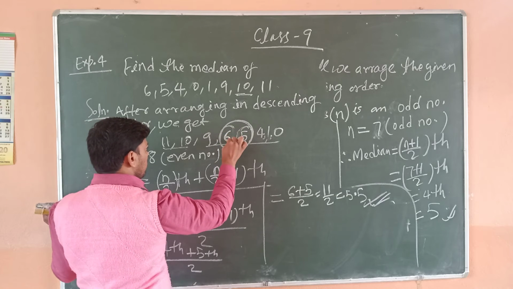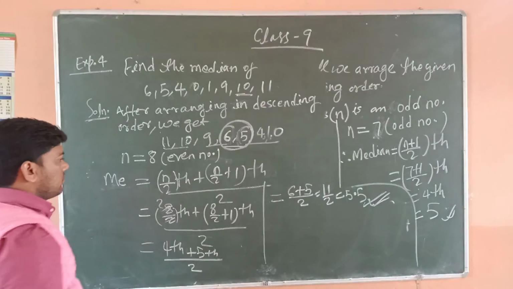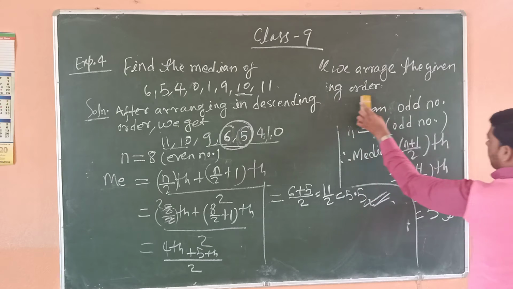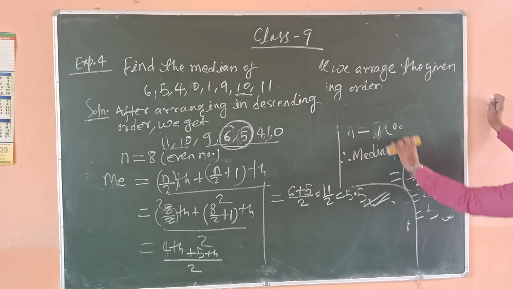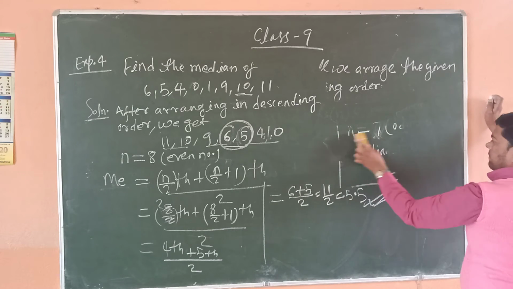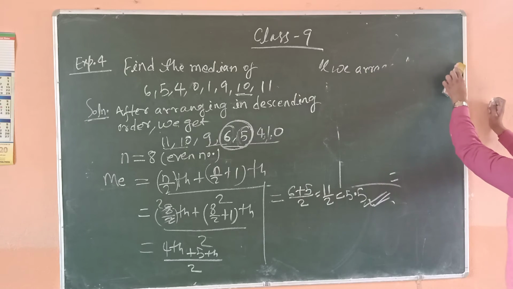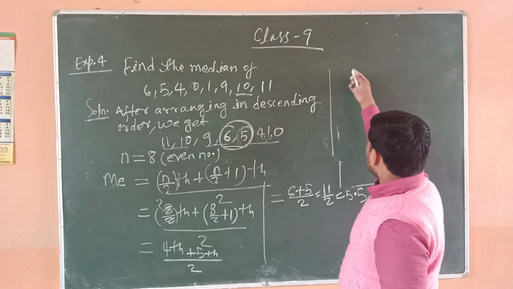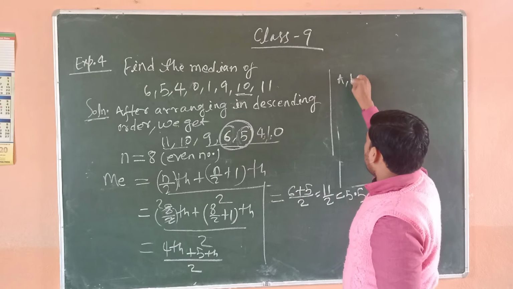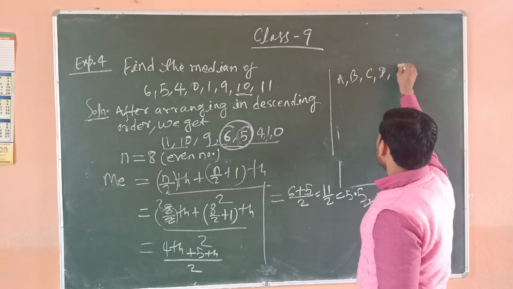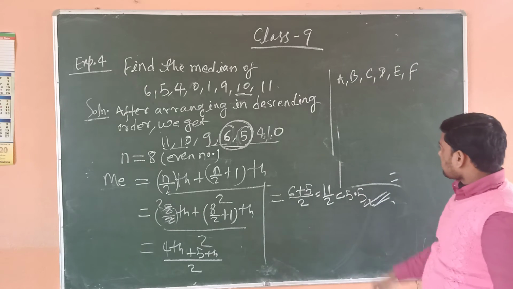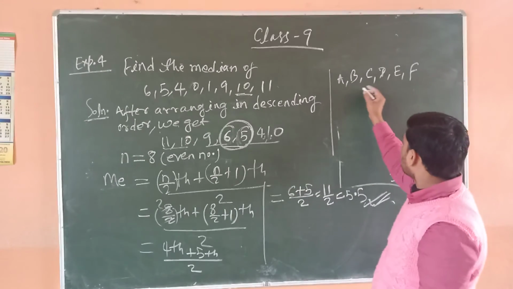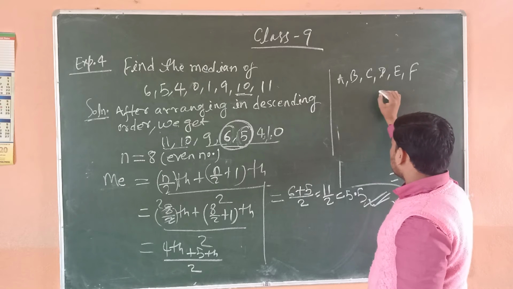Suppose the given data is A, B, C, D, E and F, and we have to find the median.